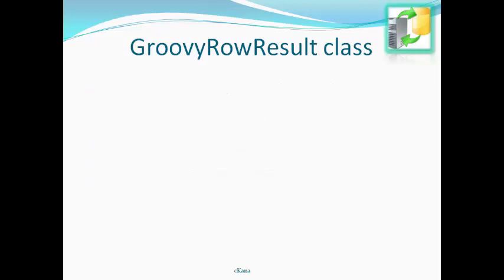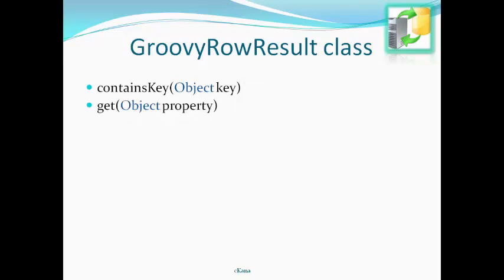Now we'll discuss the various methods of this class. The first one is containsKey. This checks if the result contains the given key or not, ignoring the case. The second is get, and it takes a property as an input. It finds the property value for the given name.